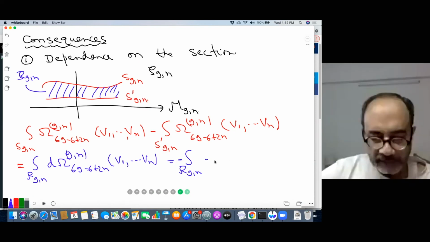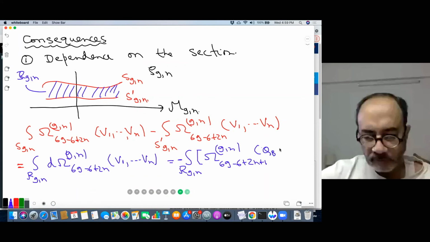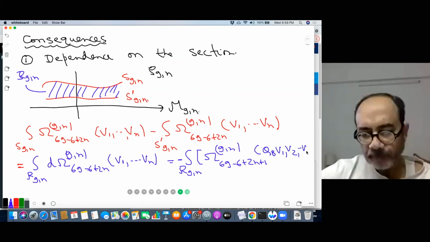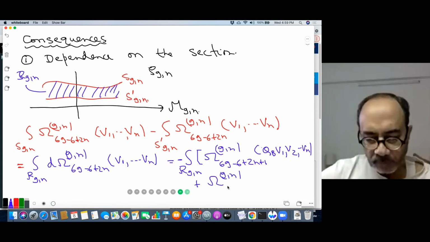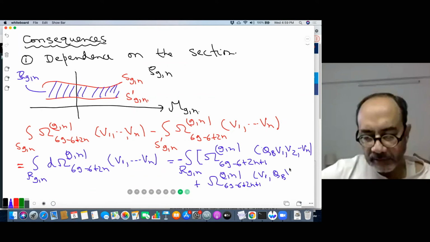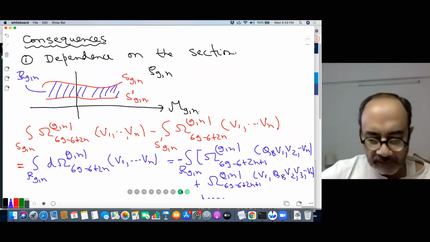So omega GN, 6g minus 6 plus 2n plus 1, QB V1, V2 to Vn, plus omega GN, here you have V1, QB V2, V3 to Vn, plus etc., with a minus 1 to the P1.